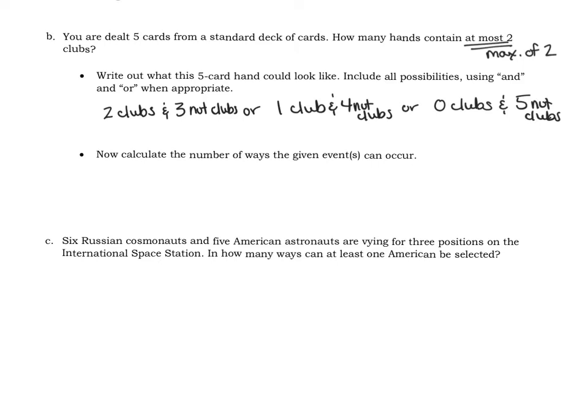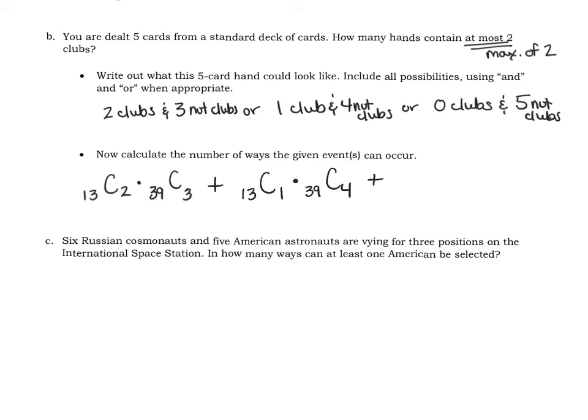So if we need 2 clubs, there are 13 clubs in a deck. We are going to pick 2 of them to be dealt to us, and indicates multiplication. There are 39 cards in the deck, all of the diamonds, all of the spades, and all of the hearts that are not clubs. So 39. Choose 3 clubs to be in our hand, or indicates addition. 1 club, there are 13 in the deck, we will choose 1 of the 13, and 39 cards in the deck that are not clubs, we will choose 4.